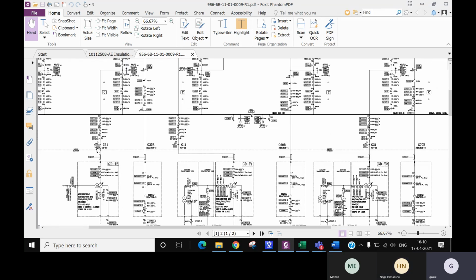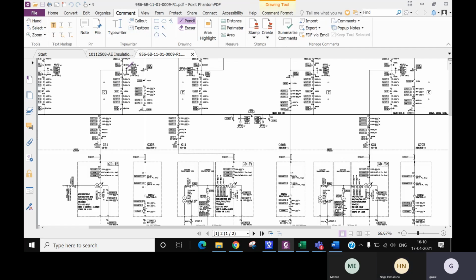Let us assume the distance between the circuit breaker and here is 900 meter, I'm just assuming it. Then for T2, it's 950 meter, and for T1 it's again 950 meter.